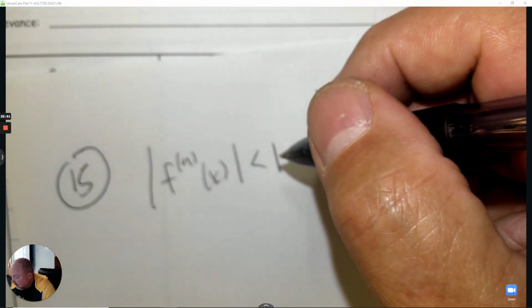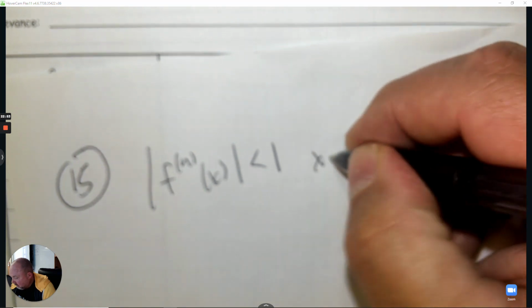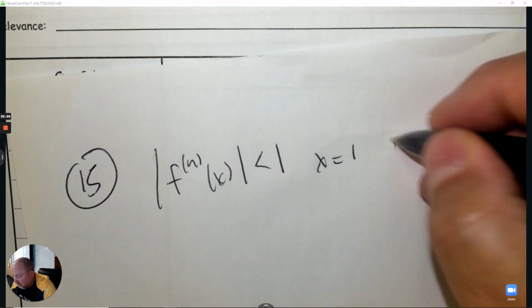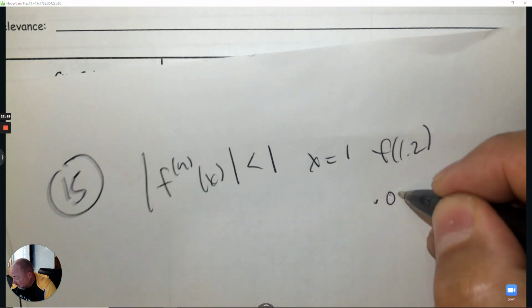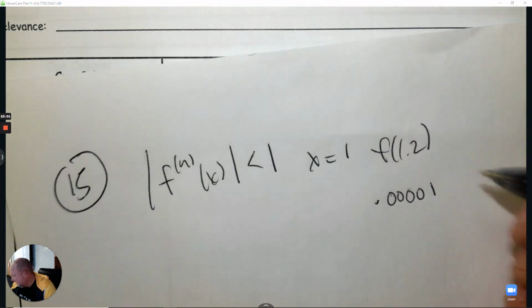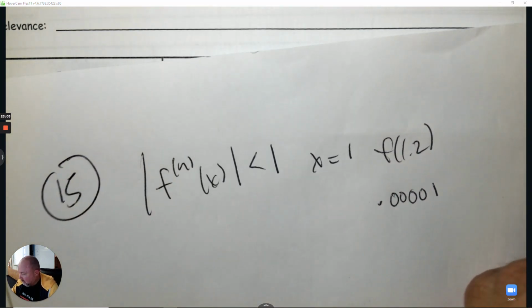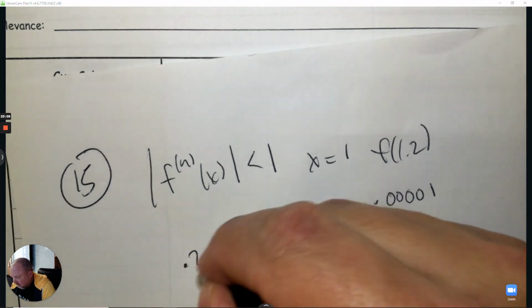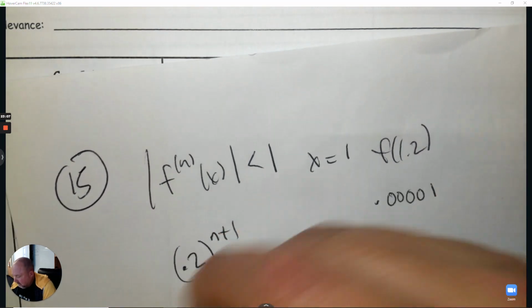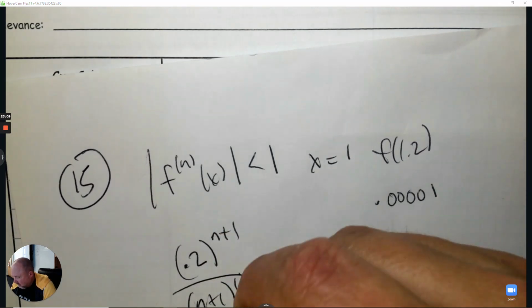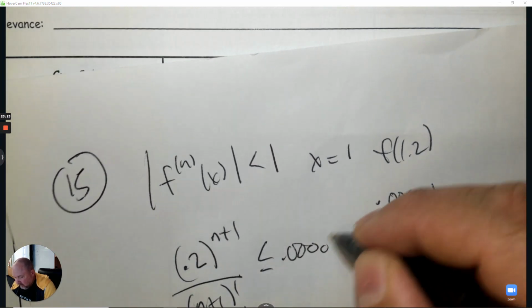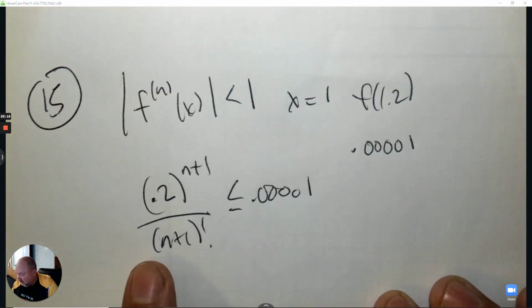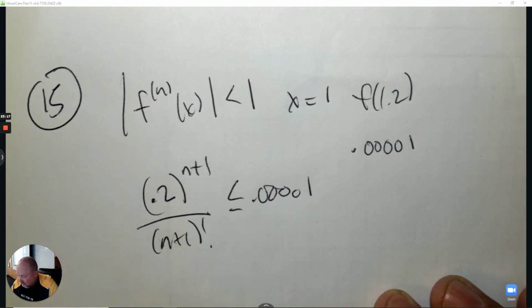What is the minimum number of terms of the Taylor series centered at x equals 1 necessary to approximate f at 1.2 with an error of less than 0.00001? So we're going to take 0.2 to the exponent n plus 1 over n plus 1 factorial. That has to be less than or equal to 0.00001. So we're trying to figure out what value for n would work.